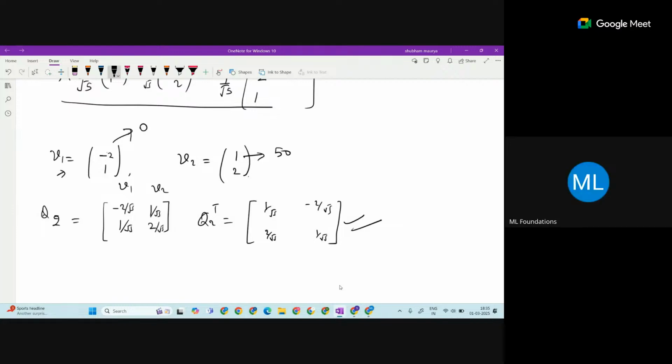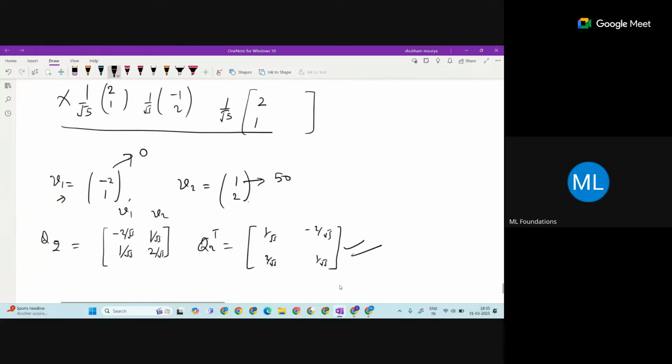Actually yes, in the algorithm, in SVD form, the first one is the bigger one, and the second one should be kept in decreasing order. Sir, can you take the handwritten board slightly up? That one is the wrong one.